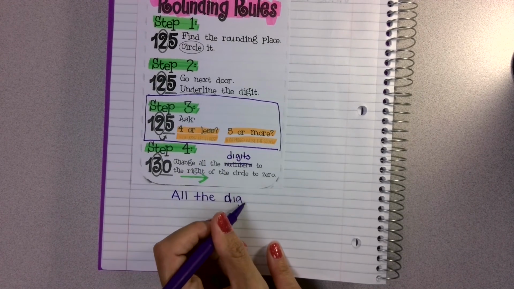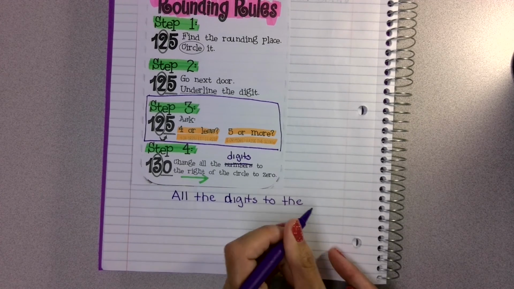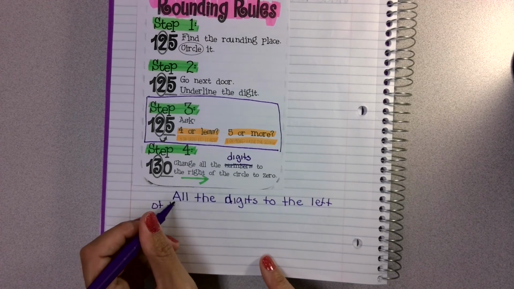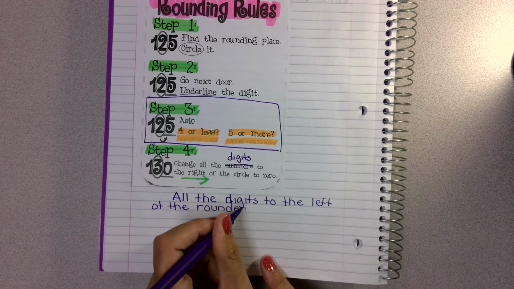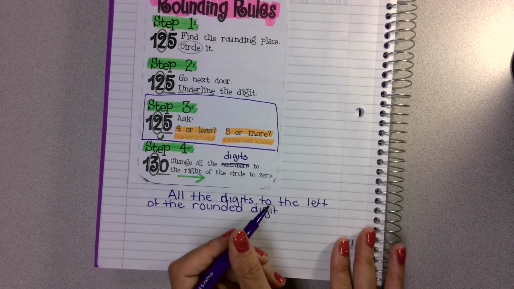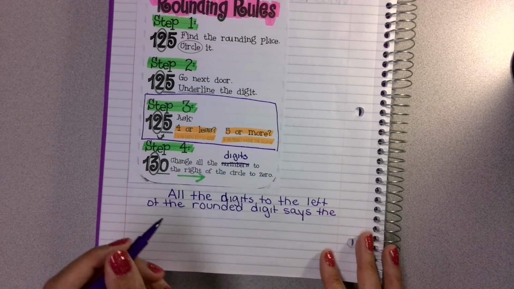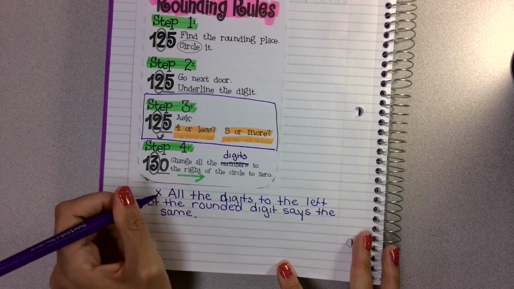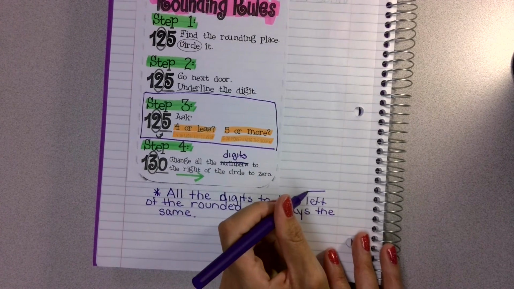All the digits to the left of the rounded digit stays the same. Okay. So all the digits to the left. It's that way.